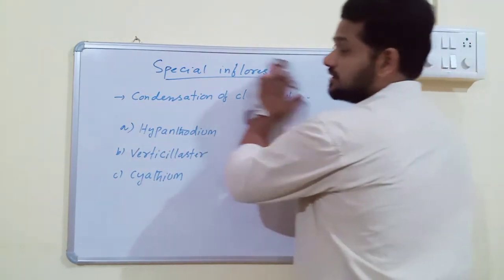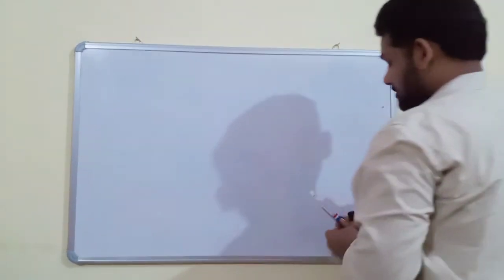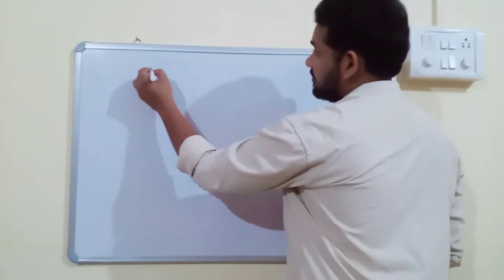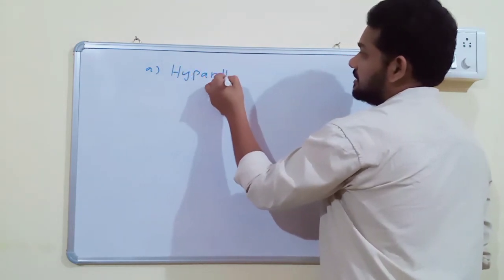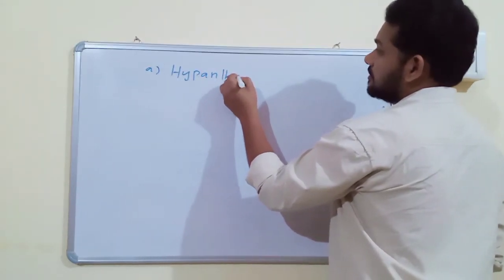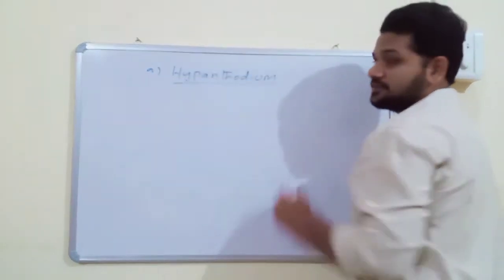The first special inflorescence is known as hypanthodium. It is called a special inflorescence because it is formed due to condensation of three types of flowers.